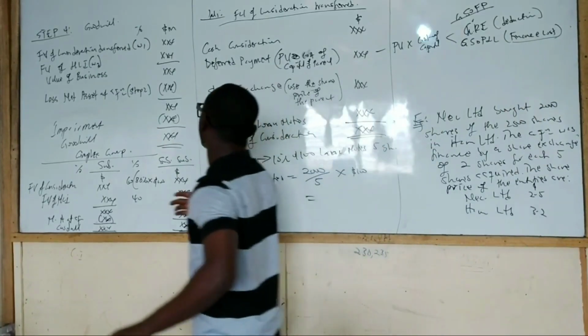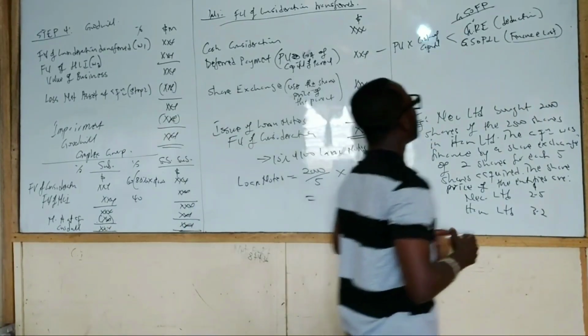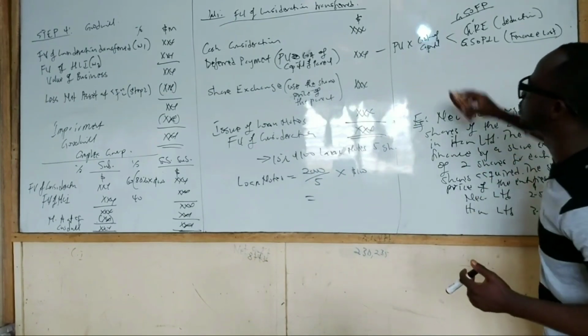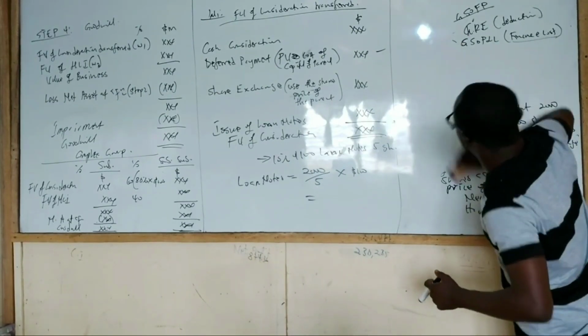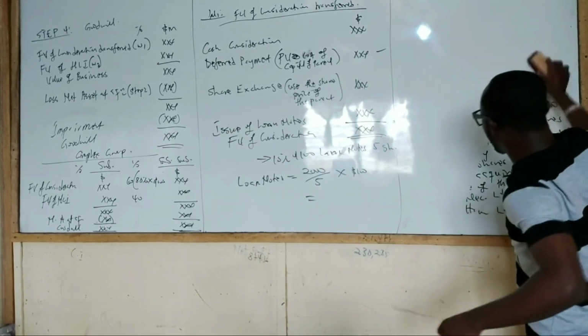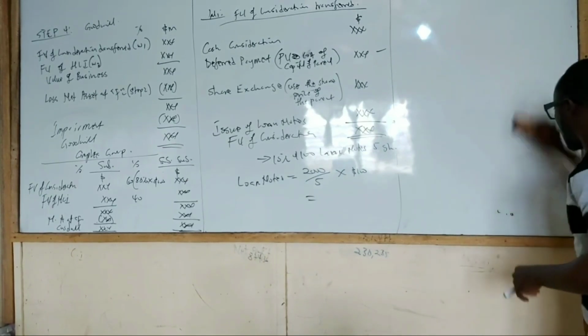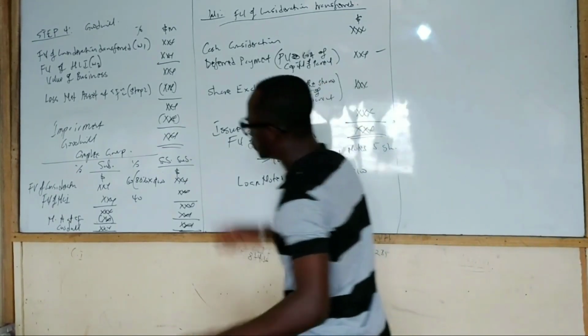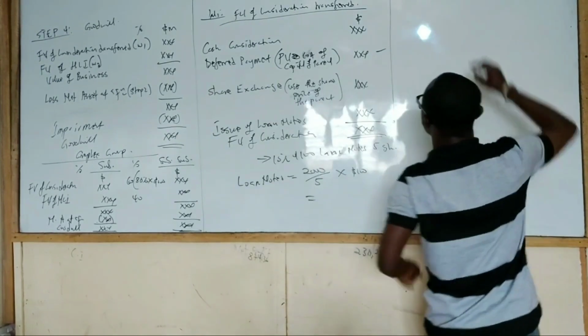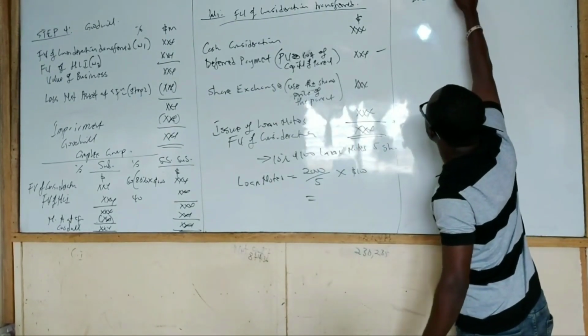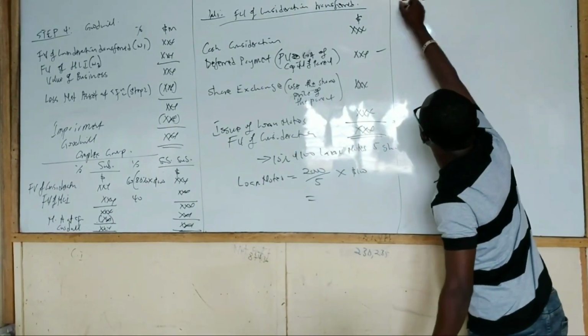Now, there are various ways that NCI could also be calculated. For the purpose of the examination, there are 3 different approaches or methods to calculate the NCI. So W2, non-controlling interest.